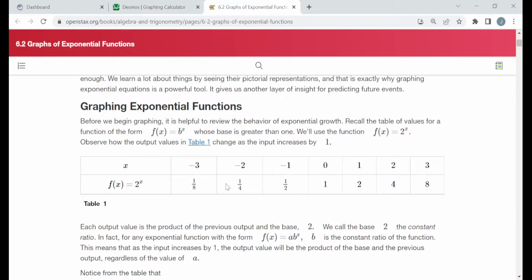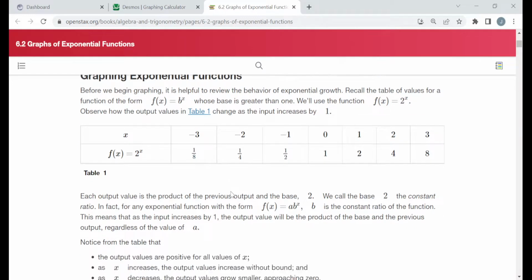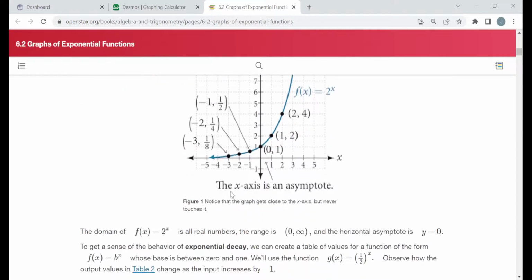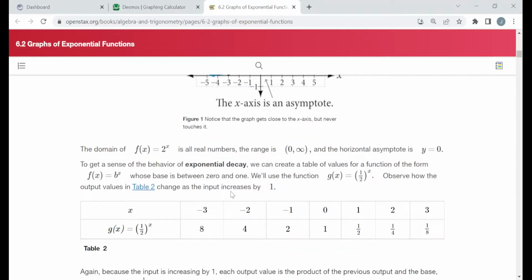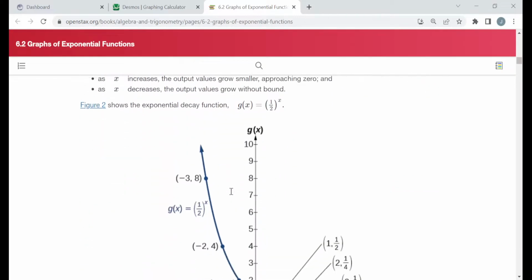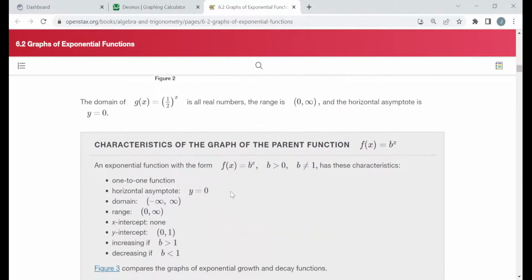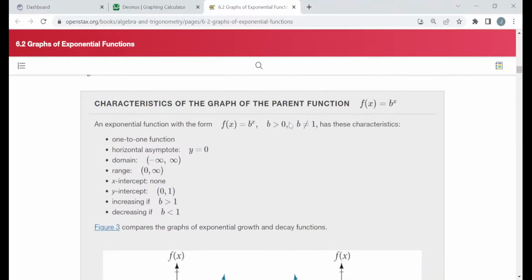Alright, so under graphing exponential functions, we're going to be graphing the most basic version of an exponential function, or what they might be calling the parent exponential function. And then in the next video, we'll talk about transforming this function into a more complicated one, graphing using function transformations, which I'm assuming you remember from chapter 3 of this text.